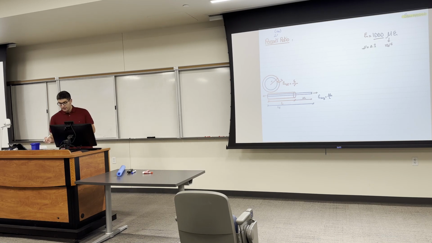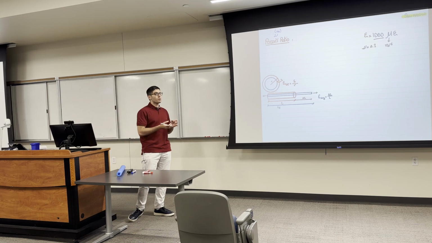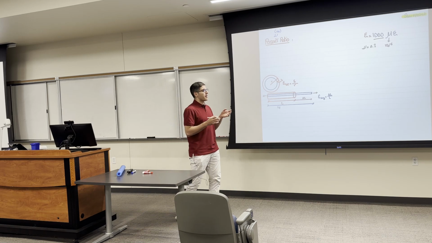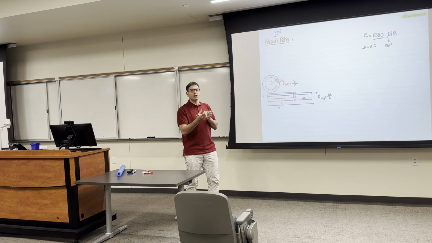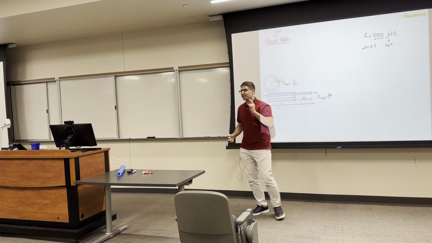So this 1,000 is the longitudinal strain. So I will ask you, okay, now what is the lateral strain? So again, the definition of Poisson's ratio is the percentage of the longitudinal strain that goes to the lateral strain. So if 1,000 goes in the longitudinal strain, then 30% will go to the lateral strain.